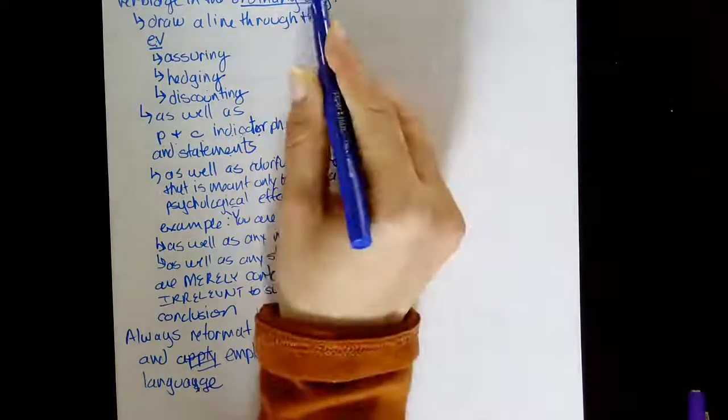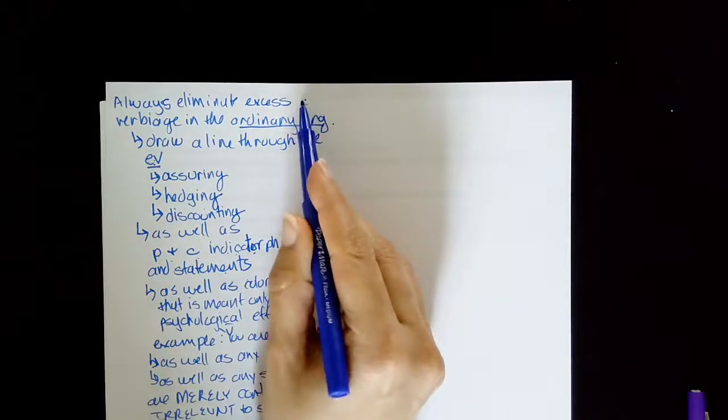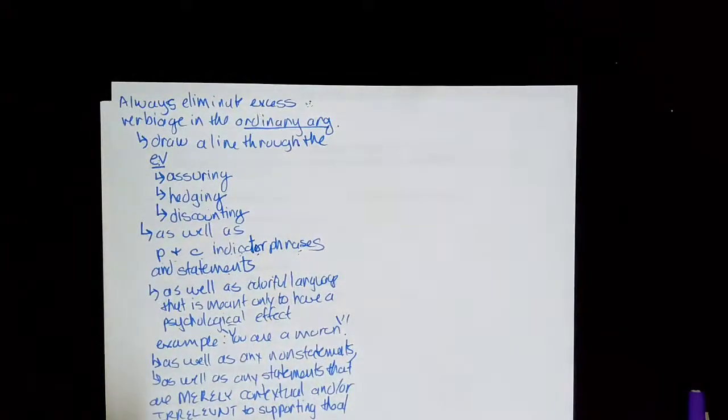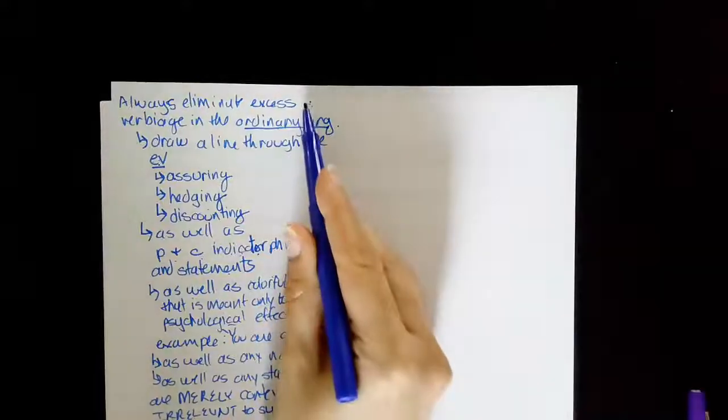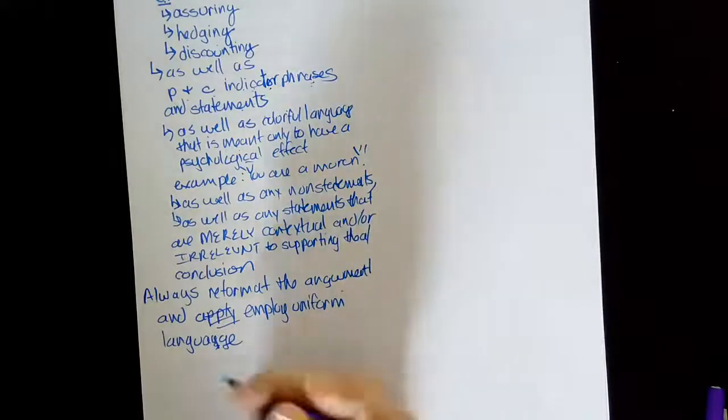You might want to put a note up here that this goes with the soft talk module on clarified arguments. So all of this is coming from the soft talk module lessons. Always reformat the argument and employ uniform language, okay?